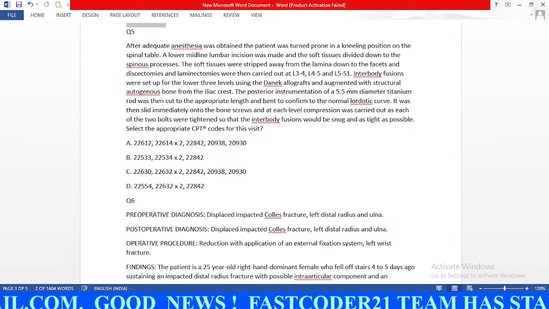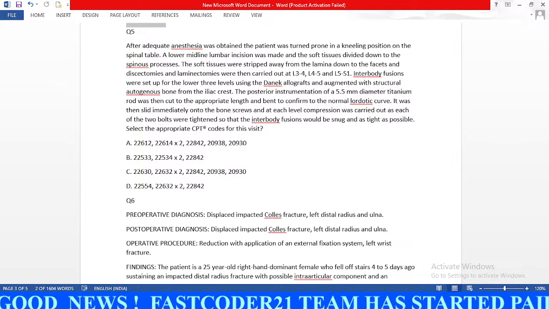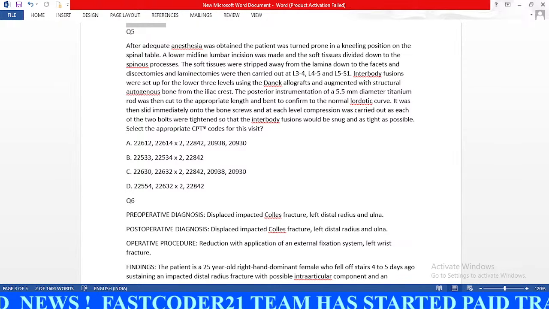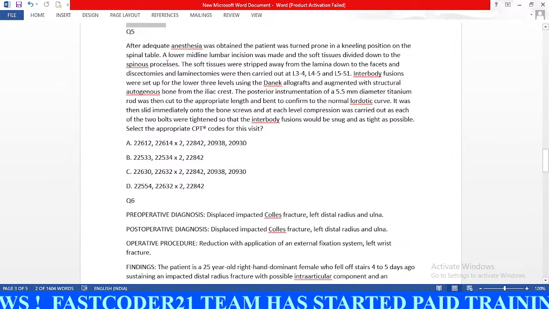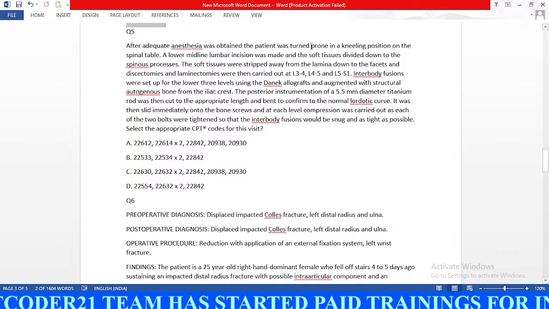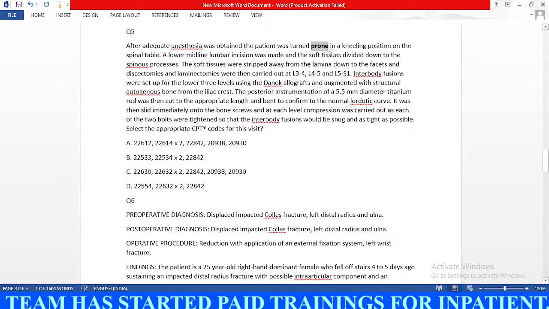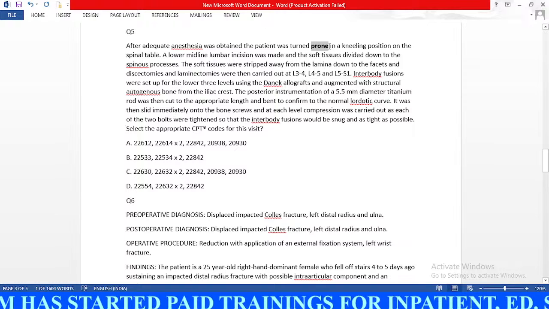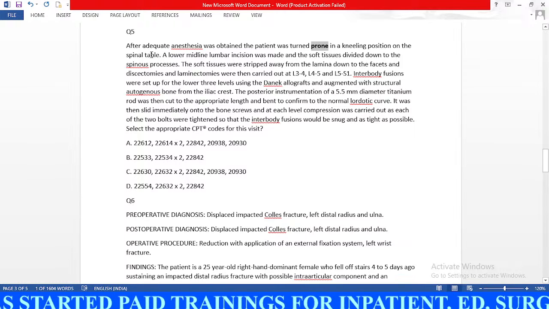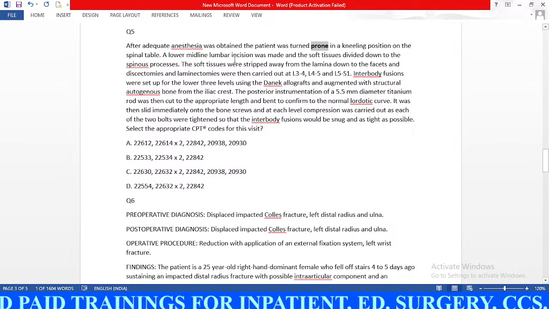So now time is over. Parimala, what you wrote is the correct answer. What happened here? After adequate anesthesia was obtained, the patient was turned prone. Prone is a very important keyword in spinal procedures. The patient was in a kneeling position on the spinal table. A lower midline lumbar incision.